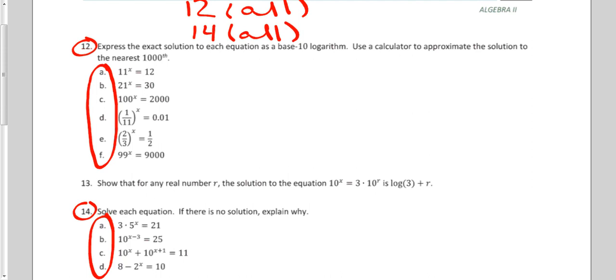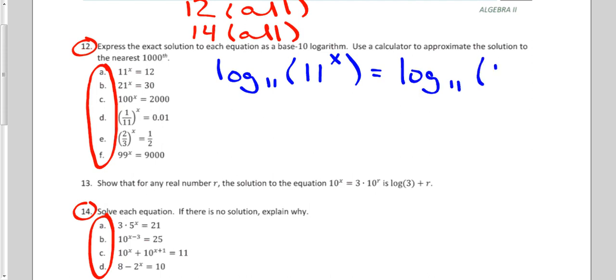Log base 11. So I take log base 11 of both sides. This is how I want you to do it on your assignment: log base 11 of 11 to the x power equals log base 11 of 12.